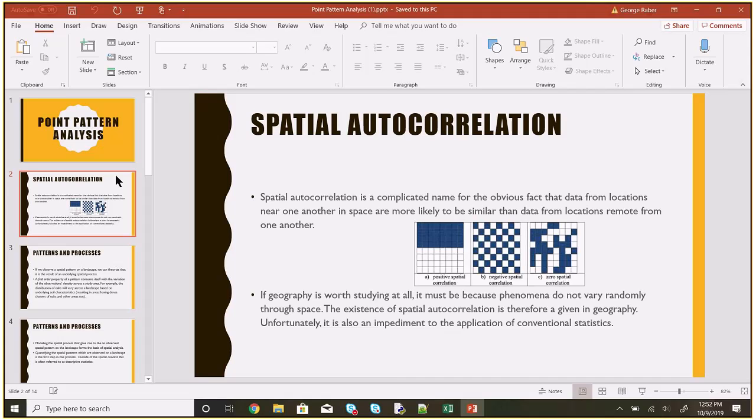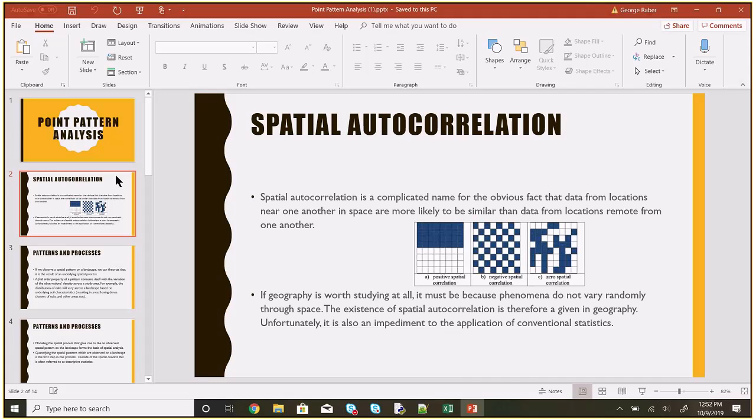That's A. Or this pattern is very dispersed. That's kind of like the central place theory I was describing, negative spatial autocorrelation. Or really, there's no second order effects. These things just happen.